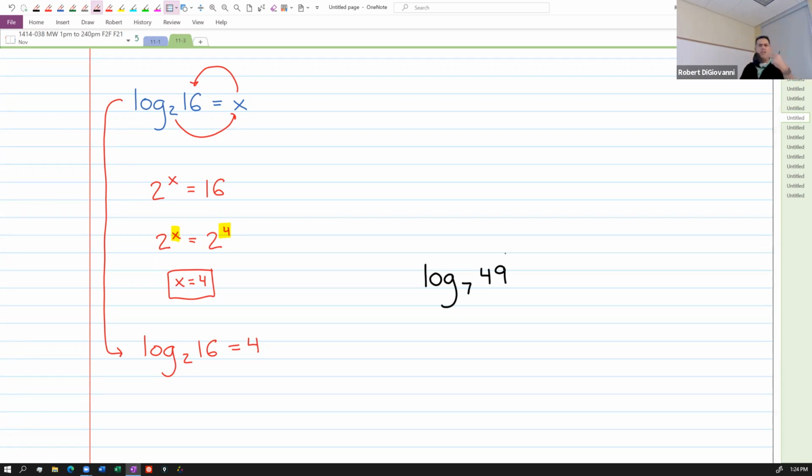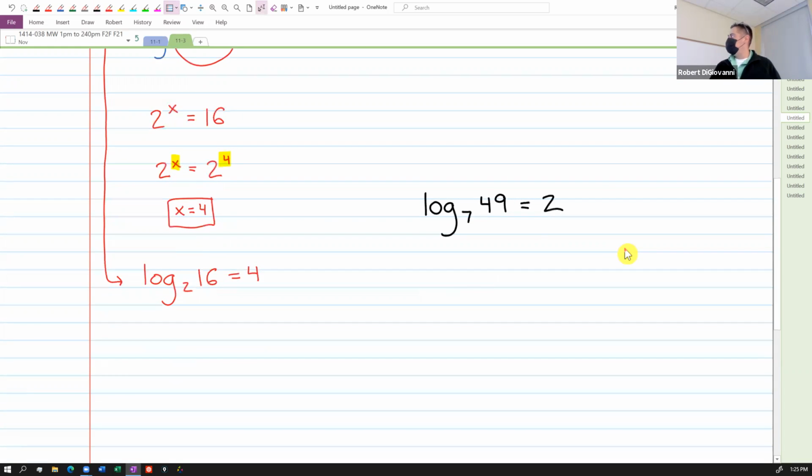For what number do I need to raise 7 to in order to get 49, right? So 7 to what power is 49? Do we know? Second power, right? So 7 to the second power is going to be 49. Just remember, raising it to this power must be equal to this number.